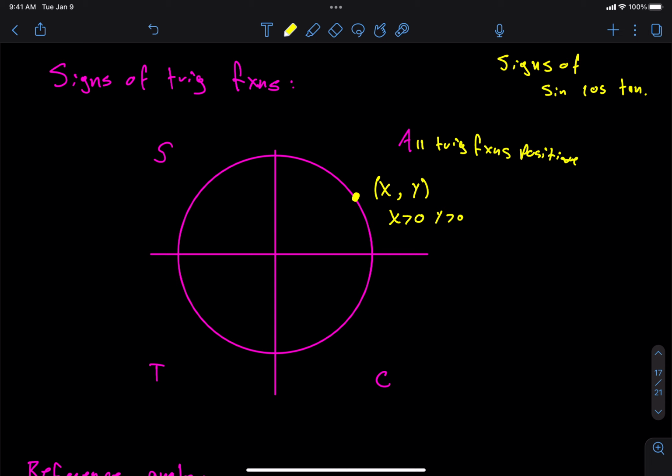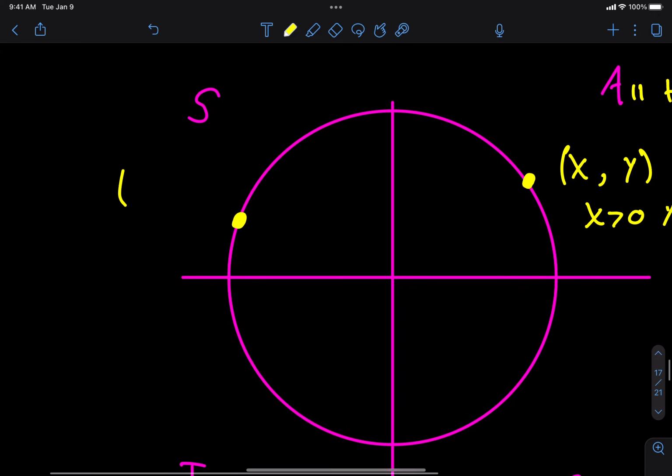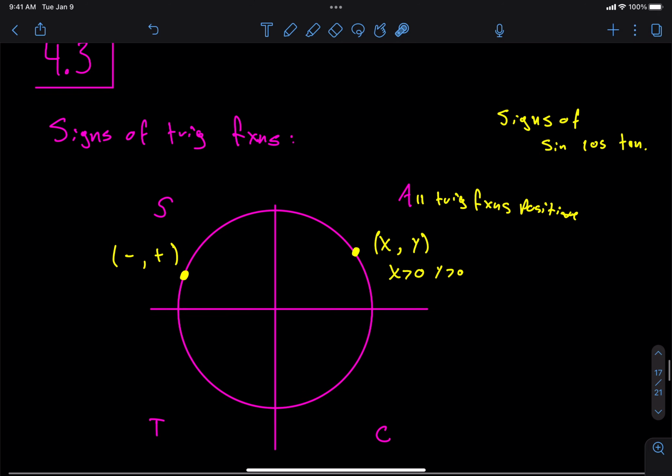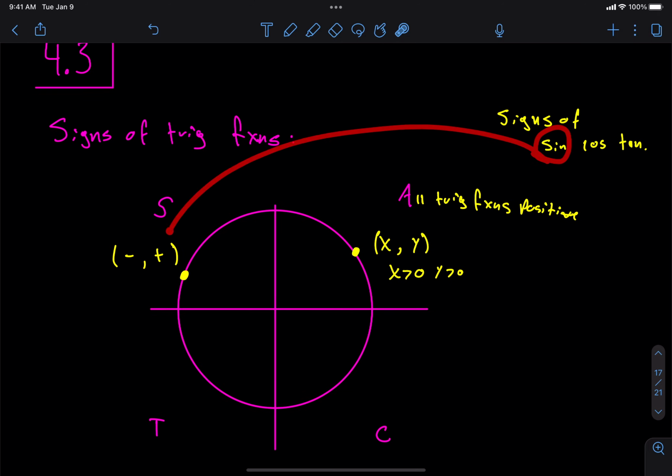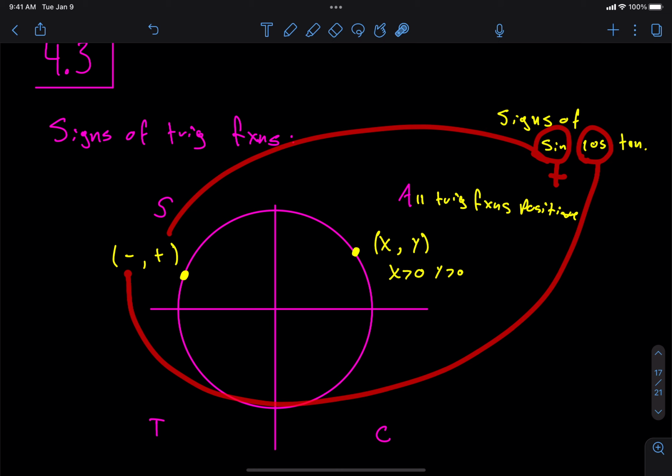Okay, now let's look at a point in this quadrant. Its x value will be what? Negative or positive? It's going to be negative, and its y value will be positive. So sine is the y value. It's going to be positive. Cosine is the x value. It's going to be negative.